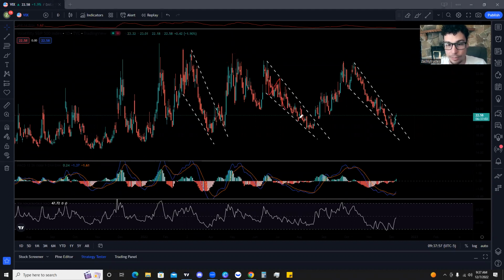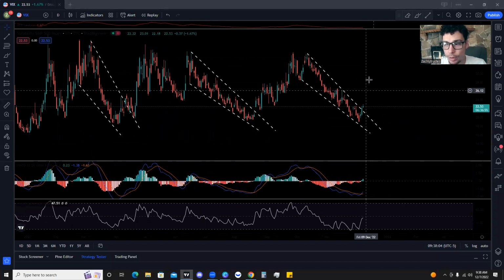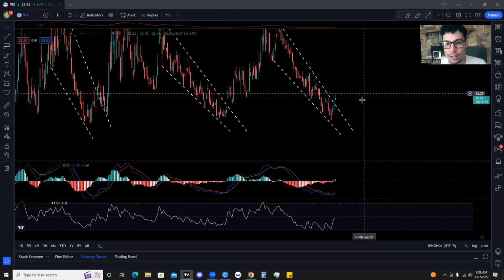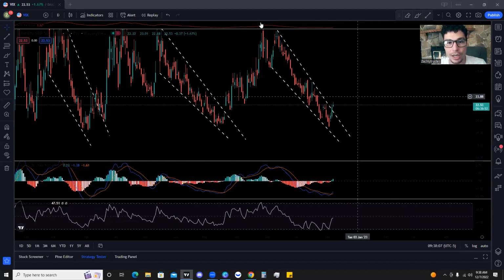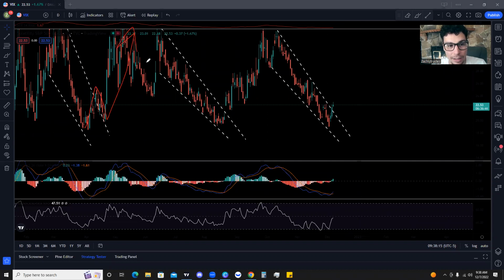And it just keeps doing that. And right now, if you take a look, we broke the trend line. So if we zoom in a little bit more, it could come back down and retest, right? A lot of times when we break out of these channels, VIX does end up dropping back down. So we have a breakout here, it drops back down, and then it plays out the rest of the breakout. Same thing here.